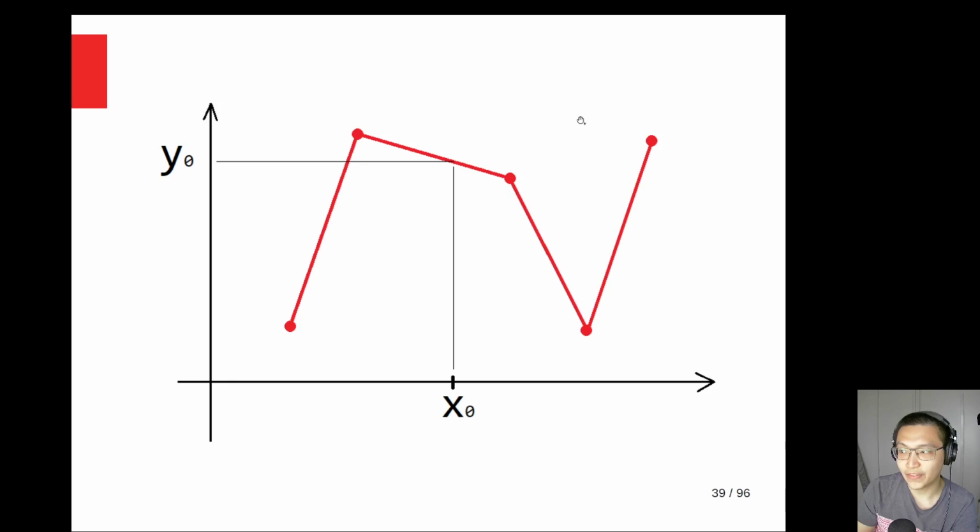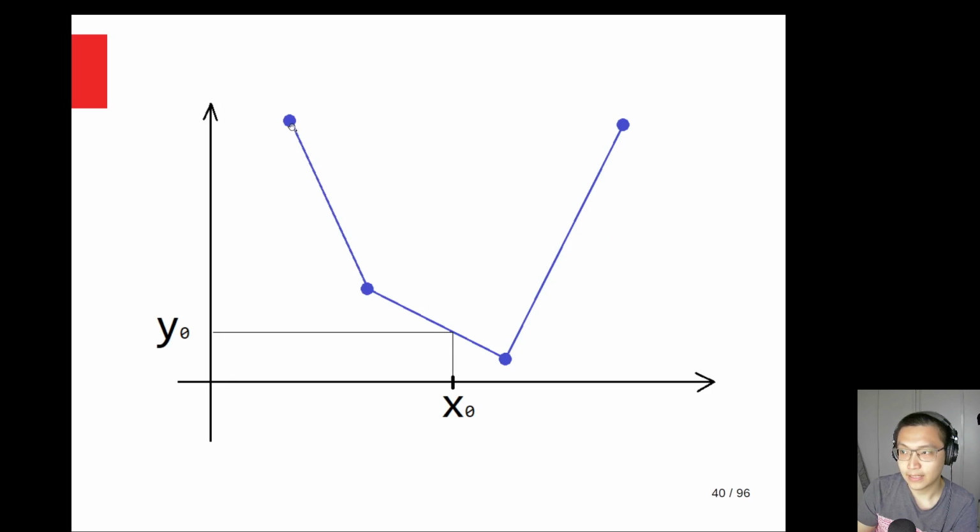Of course, if you have a different set of data points, let's say you have these 4 points instead, then the same input x would give you a different output y. Let's try to think through how we could potentially implement this function.